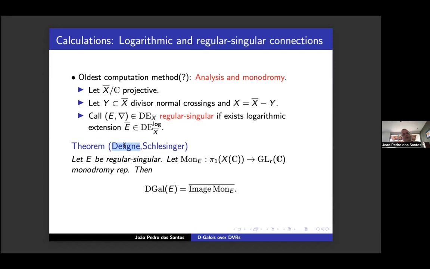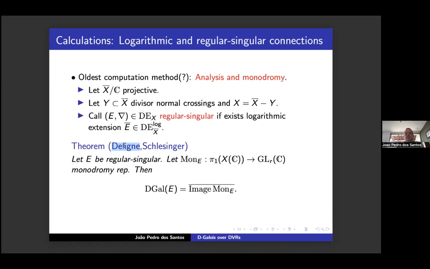It was the work of Baldassarri, André, and now Maurizio Cailotto in that monograph they wrote, on Gauss-Manin cohomology or something, where they tried to give an algebraic proof of this theorem. From what I know, there was a mistake somewhere. They corrected it, but it's not trivial. It's a difficult theorem.